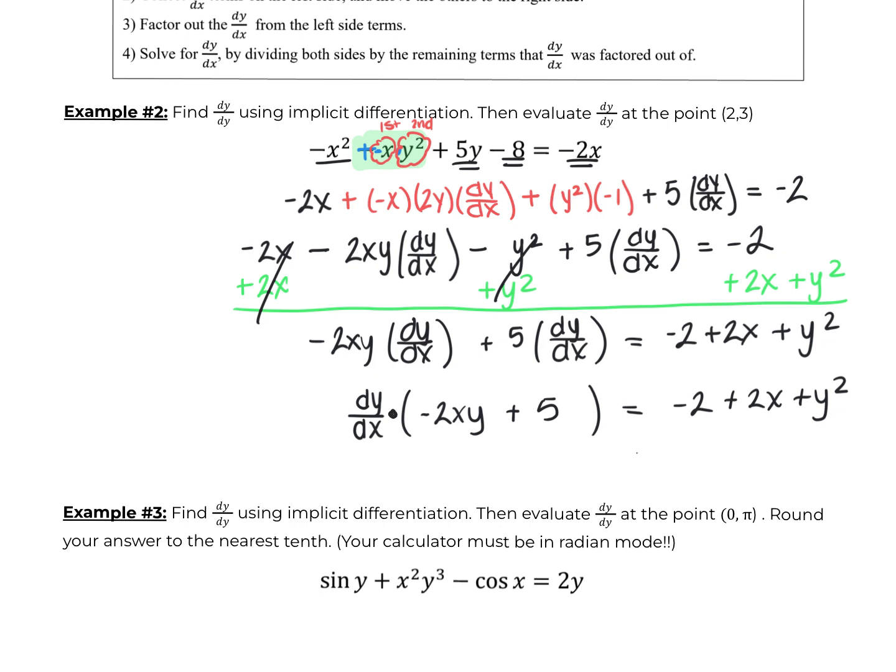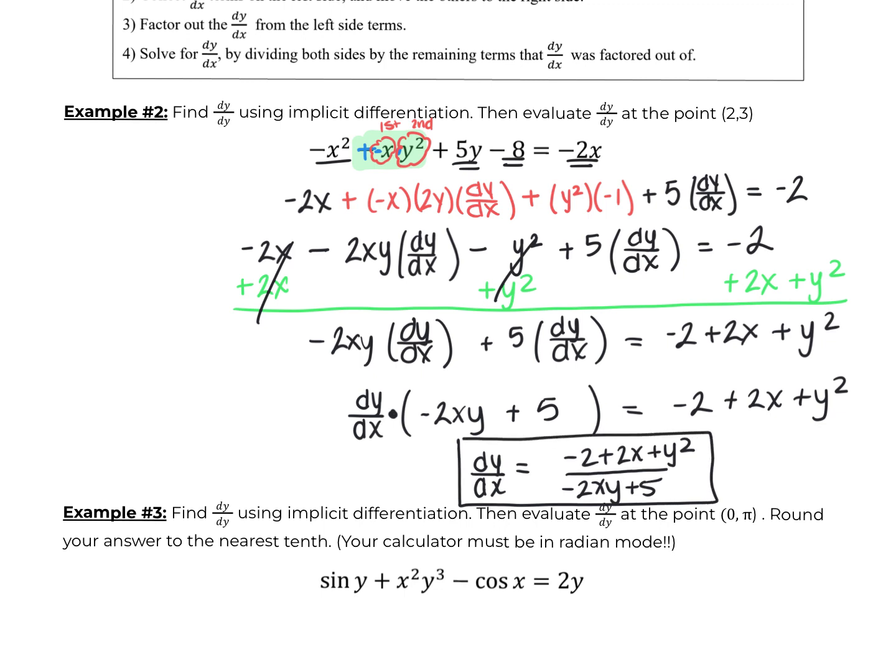Since they're attached by multiplication, you can simply divide. I'm not going to write this out, you can if you want, I'm just running out of space. So when you divide, this negative 2xy plus 5 is on the bottom, and this negative 2 plus 2x plus y squared is on the top. So this is my derivative.